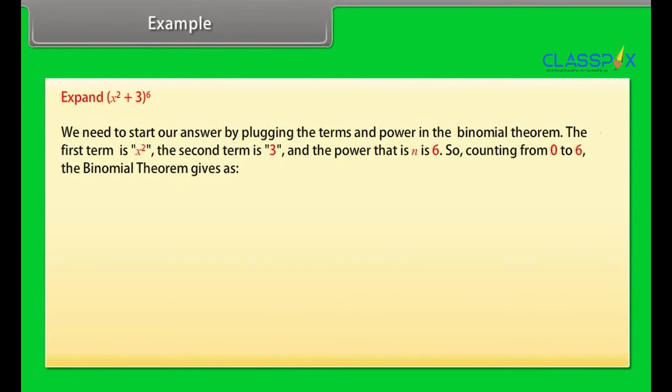Example: expand (x² + 3)^6. We need to start our answer by plugging the terms and power into the binomial theorem. The first term is x², the second term is 3, and the power, that is n, is 6.